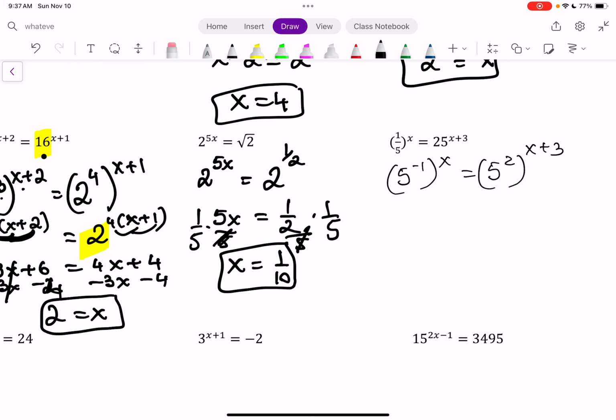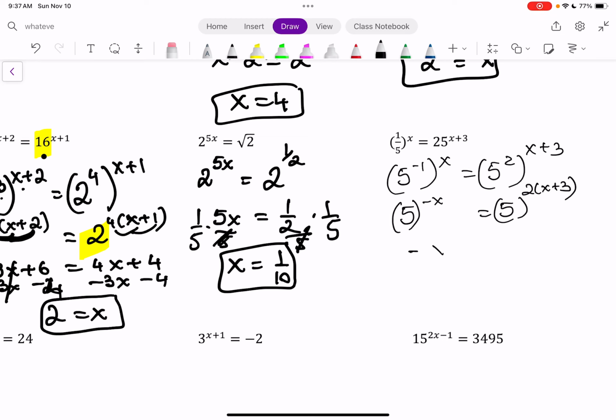So again, the first thing we're doing is rewriting it all in terms of a base of 5. And then we get to multiply the exponents. Okay, so -1 times x is -x, and 2 times x plus 3 is, well, that.